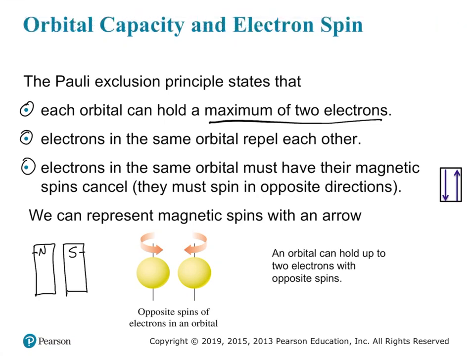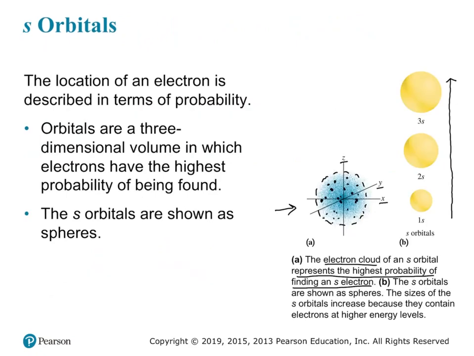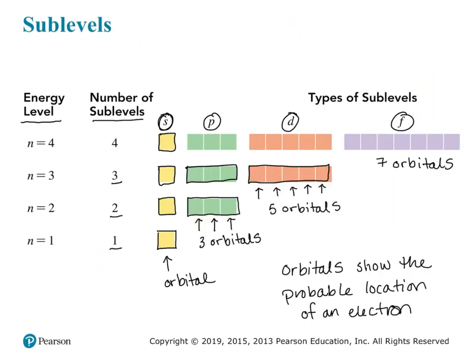We also can represent these electrons with arrows. So if this is our orbital, this box, we would put a spin up electron and a spin down electron in that box, and that's represented by an up arrow and a down arrow. So if we go back to our chart here, what we can do is start to fill in this chart with arrows.